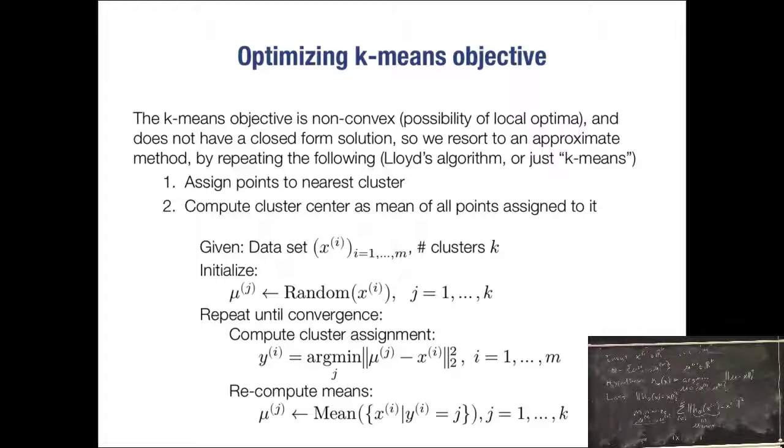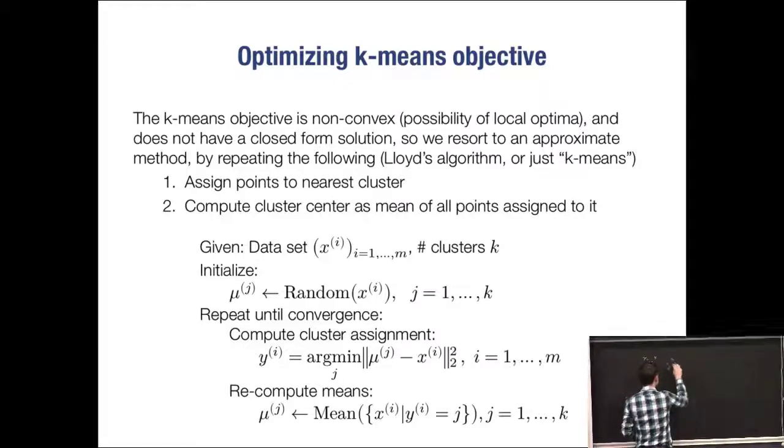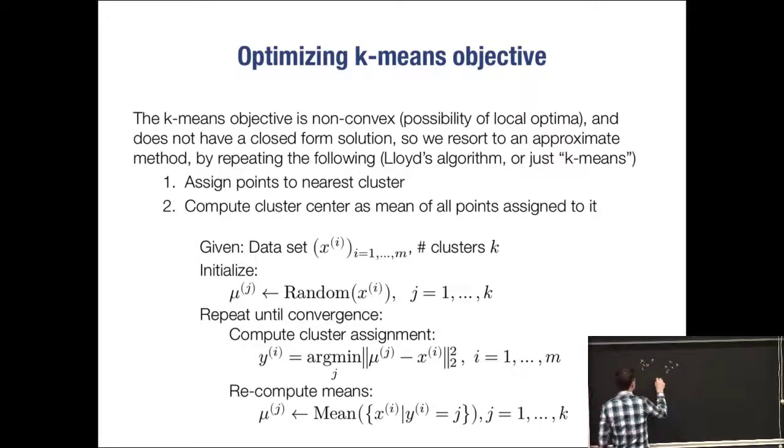I have a few examples of this in a second. Maybe I'll go through the examples before I show the code. It's a very simple procedure, right? I have a bunch of points. I have these superscripts, mu1 and mu2.